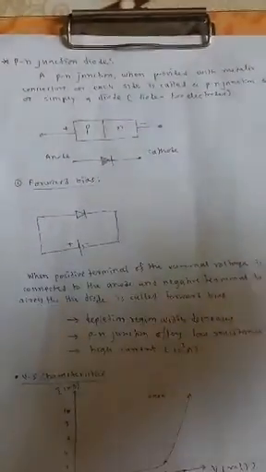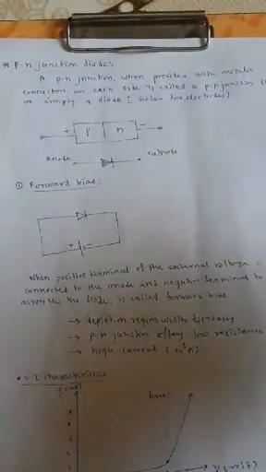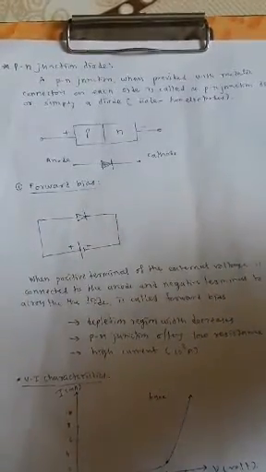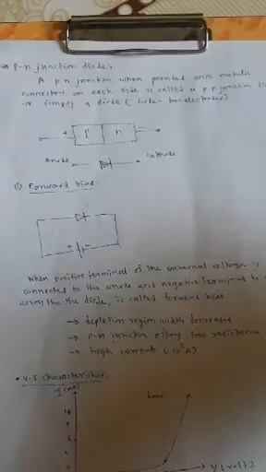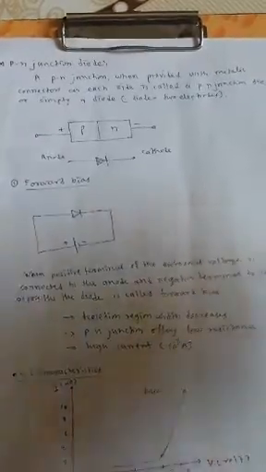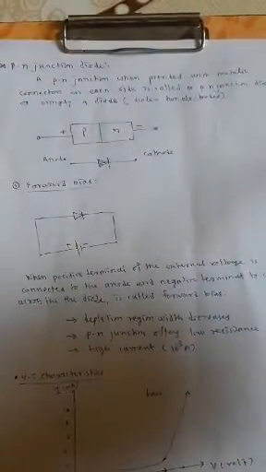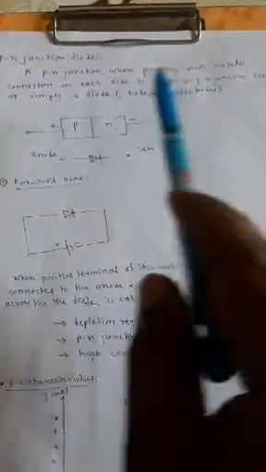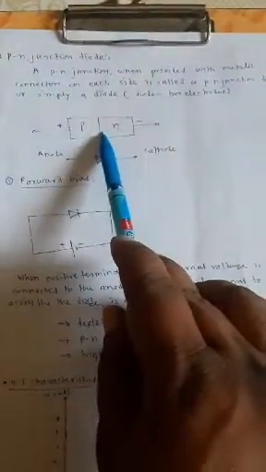A PN junction, when provided with metallic connectors on each side, is called PN junction diode, or simply it is known as the diode. Say this is the PN junction.